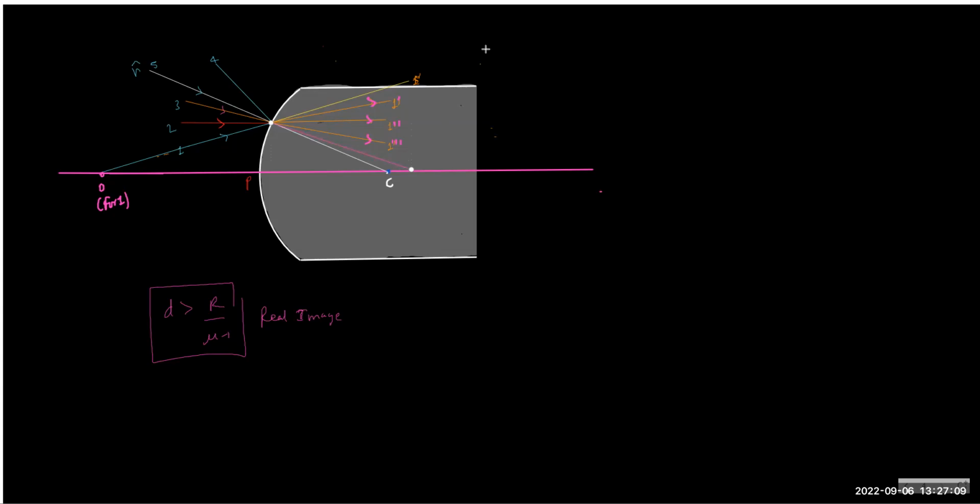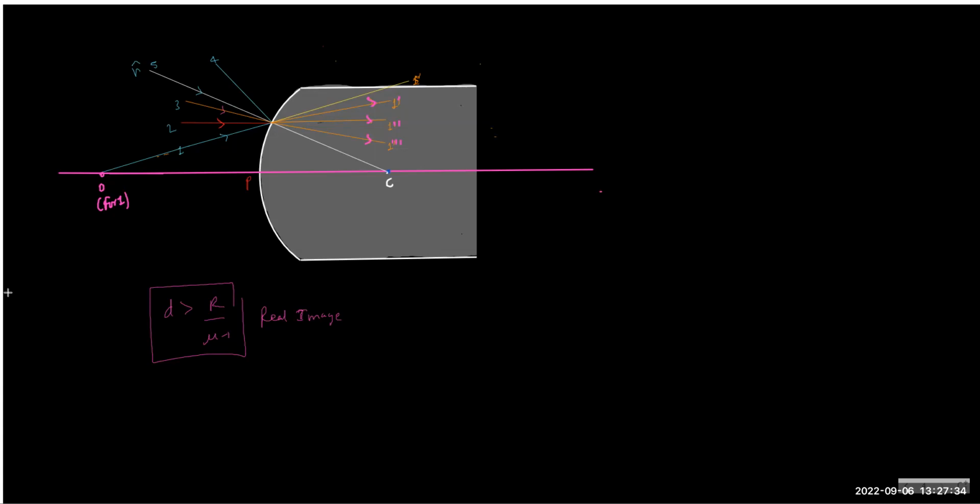So 3 will be definitely real, isn't it? So 2 is definitely real. 3 is definitely real. 5 is definitely real. And 4 is definitely real.